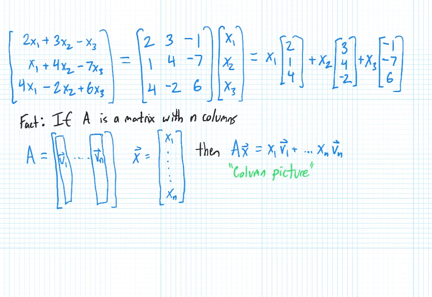Like if I'm multiplying A times x, then I'm going to be using the row picture to do the calculation. But I feel like the column picture is more conceptually useful. It helps me to understand better what's going on when I'm solving an equation involving A times x, or trying to understand what it means when A times x is equal to something. I'm thinking in terms of the column picture.